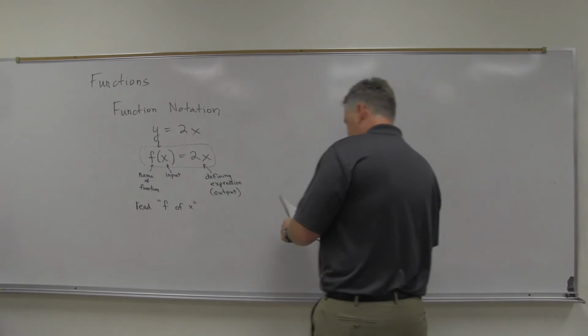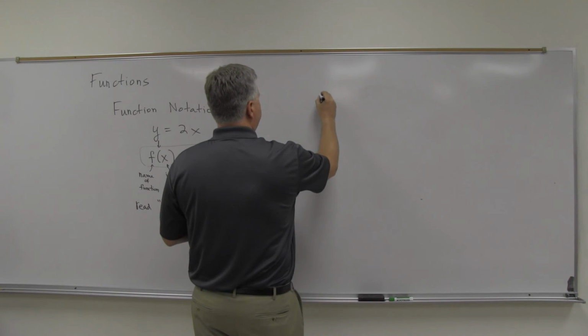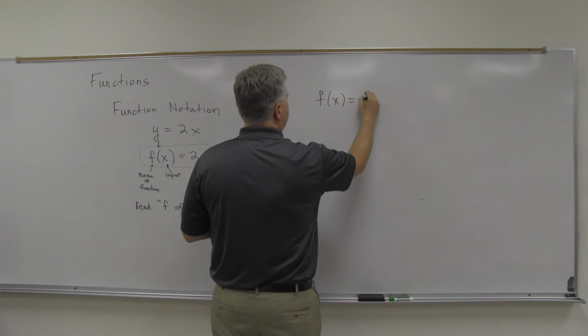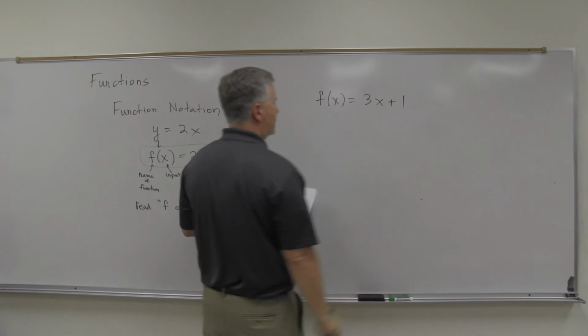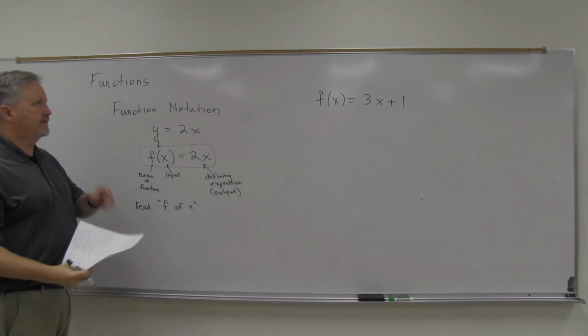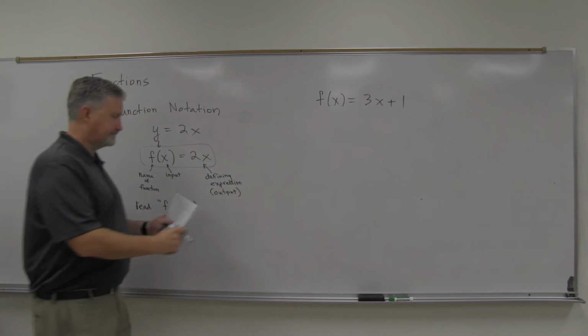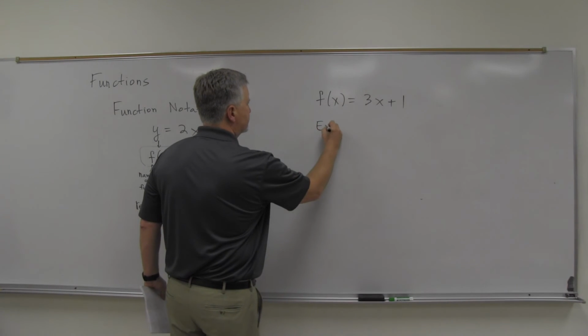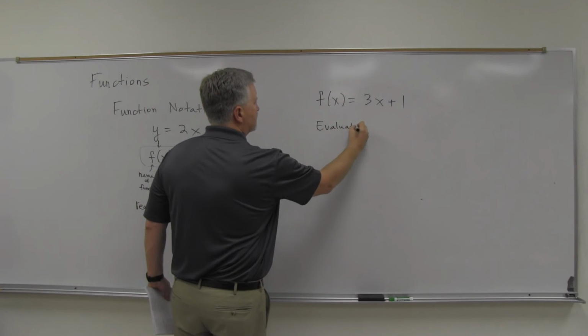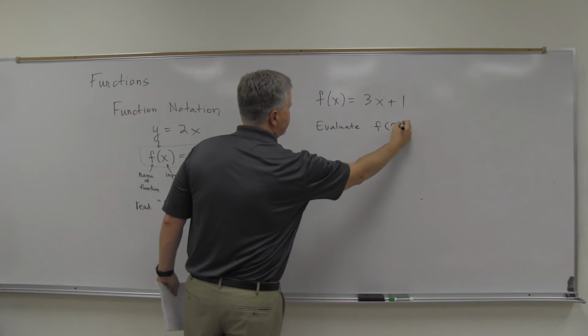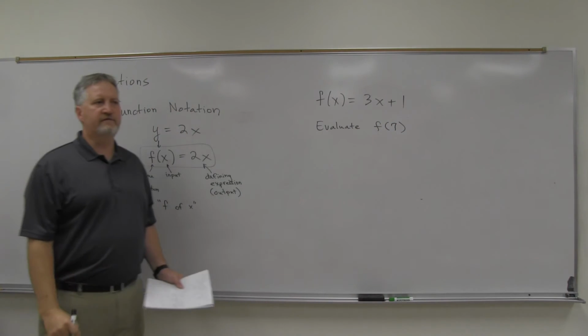All right. Well, what they have us do, starting us off here, is say we've got f of x equals 3x plus 1. So we've got a different function, different f here, but f of x equals 3x plus 1. And so let's evaluate f of 7.